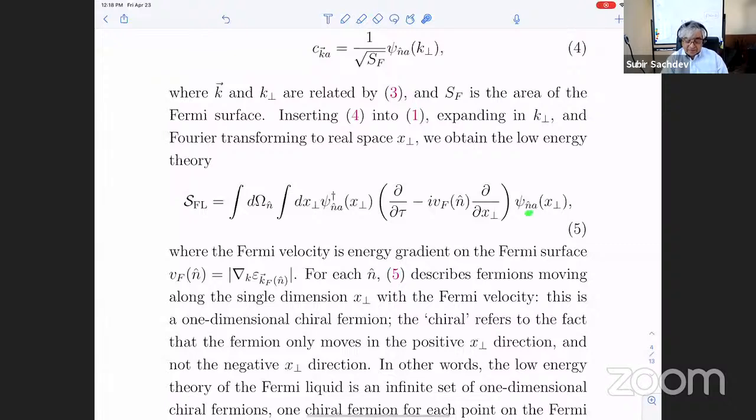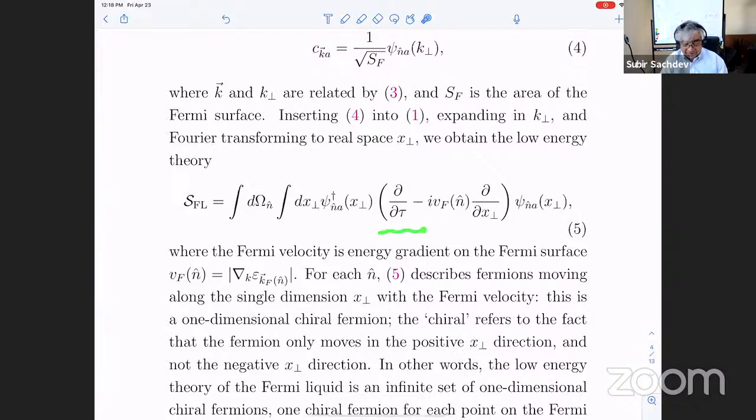It's not a coordinate. And there's an infinite number of values for n hat, for every point on the sphere. So I have to integrate over the points on the sphere. And for each n hat, I have a theory of a 1D chiral fermion. In fact, if I was writing down the Dirac equation in 1+1 dimensions, I'd have a left moving and a right moving fermion.